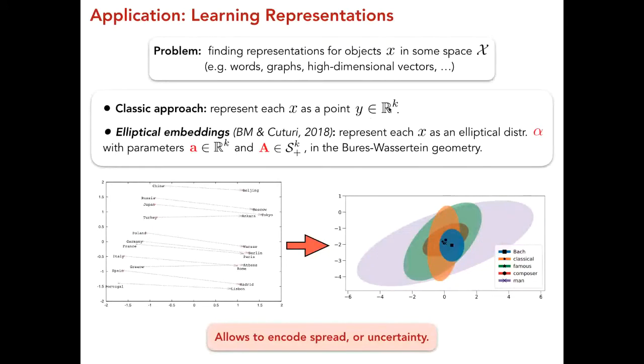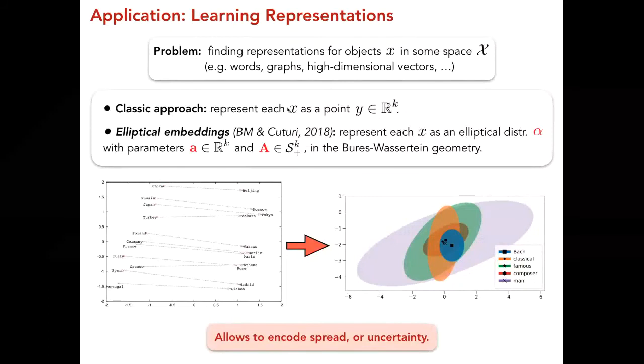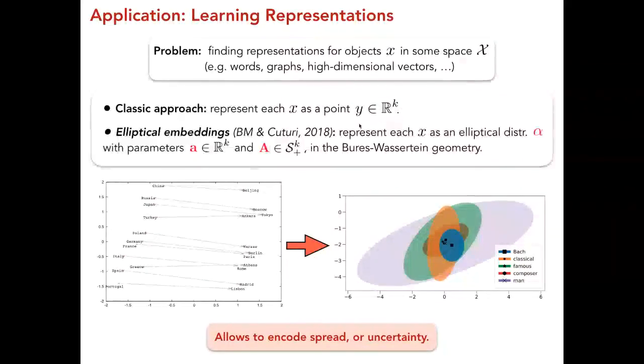And what we propose with Marco is to, instead of representing each object as a point, represent each object as an elliptical distribution, which means that instead of learning just a single point, we're going to learn a point that's going to be a mean parameter and a covariance matrix using the Bures-Wasserstein geometry. And the reason we might want to do that is that by using this parametrization, we hope that we're going to get representations that are going to allow us to encode richer information on our objects.